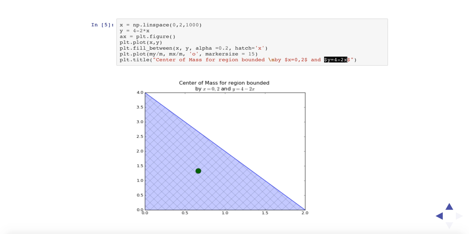And again, the dollar signs are just for the mathematics, for typing math into a markdown cell, or into titles. You can use LaTeX in all of the strings in Matplotlib.